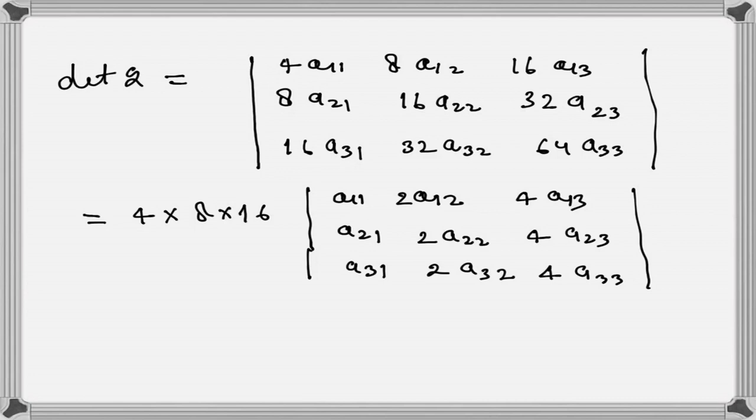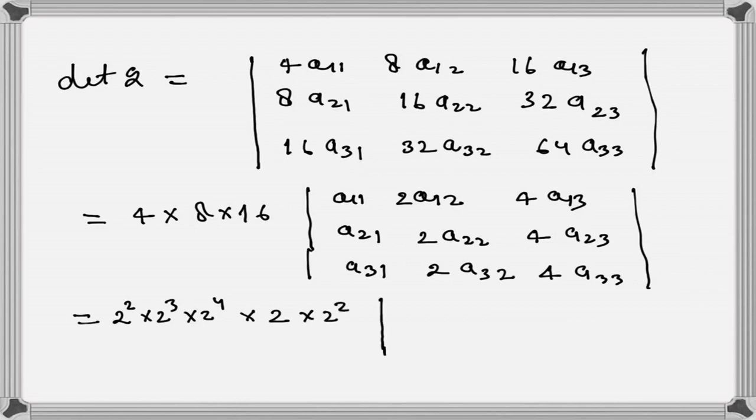Okay, so again we can take 2 common from the column 2, 4 from the column 3. So this we can write 2 square, 2 cube, 2 to the power 4, and then you can take 2 common from the column 2 and 4 from column 3.